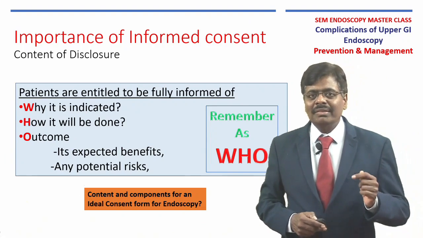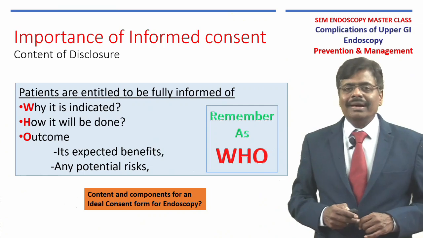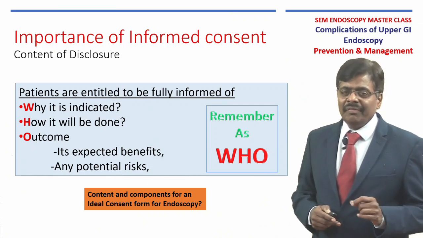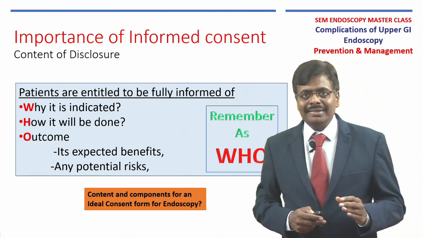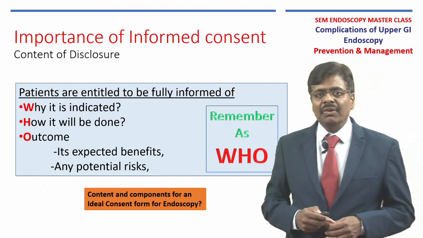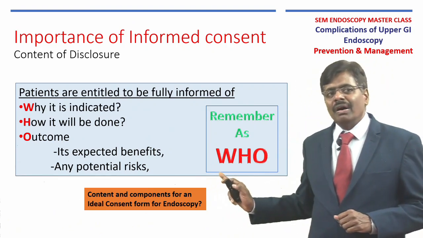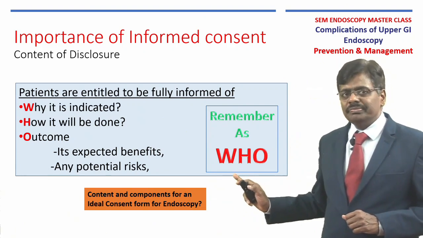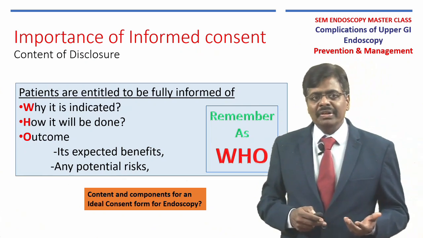The first important thing I wanted to emphasize is the importance of informed consent. If you have a patient waiting to have an upper GI endoscopy, ensure the patient gets sufficient information and is able to understand and voluntarily give a written informed consent. You give them all the information: why you do it, how you do it, and what is the outcome of the procedure, like benefits and risks.